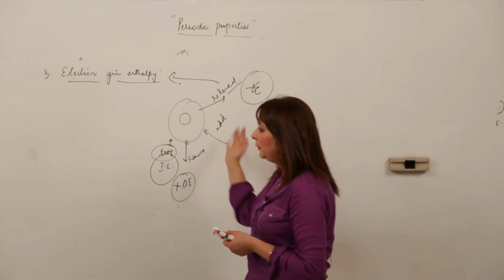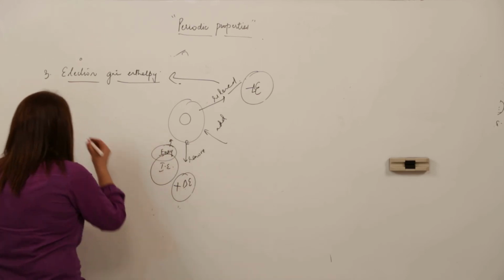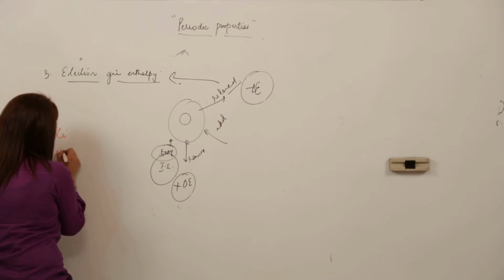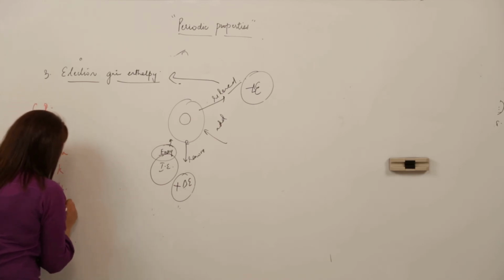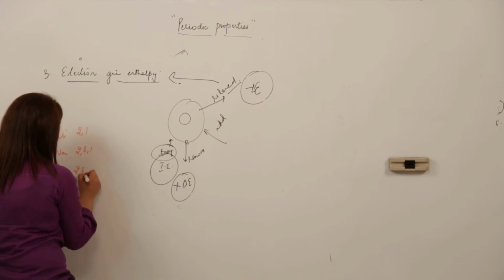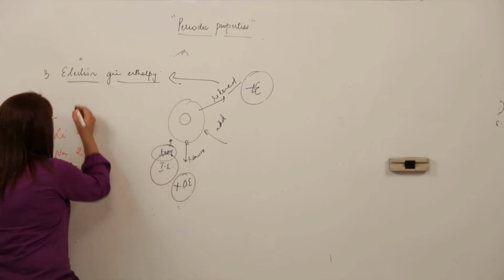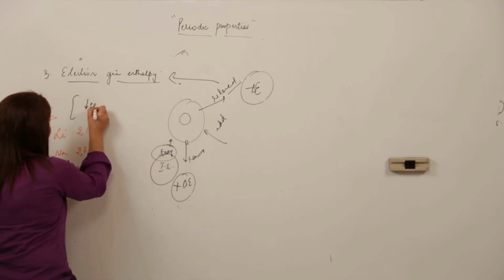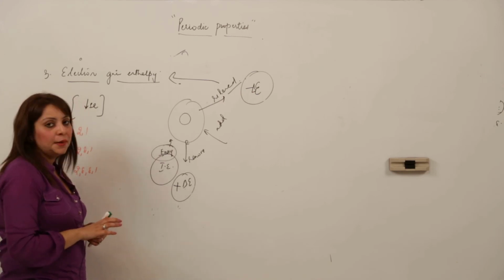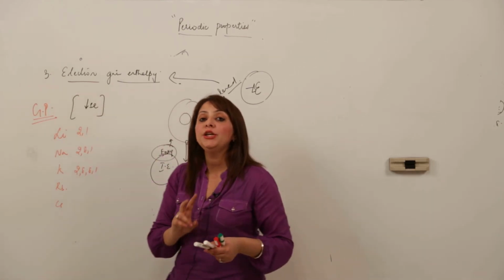Now coming to the point of how electron gain enthalpy varies along group and period. Again I am taking the example of the first group. I am writing the configuration. Again you know how to write it now. So what happens to the electron gain enthalpy? It decreases. It has the same effect as the ionization energy, because ionization energy and electron gain enthalpy both depend upon the nuclear charge.